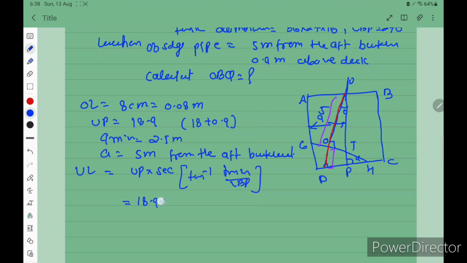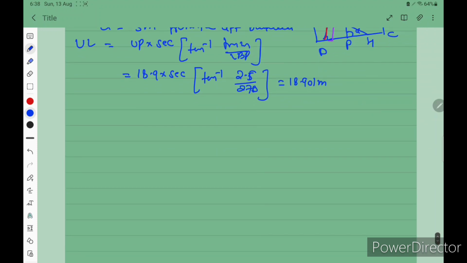Therefore 18.9 into sec tan inverse 2.5 divided by 270 is 18.901 meter. Now UO is equal to UL minus OL. So 18.901 minus 0.08 is equal to 18.821 meter.